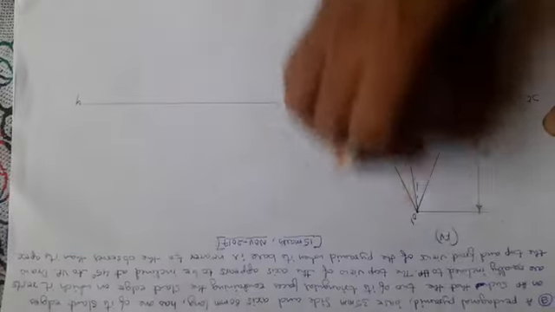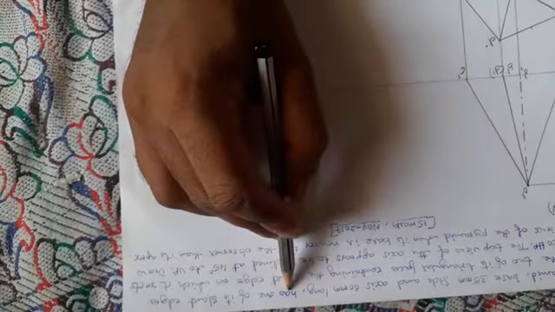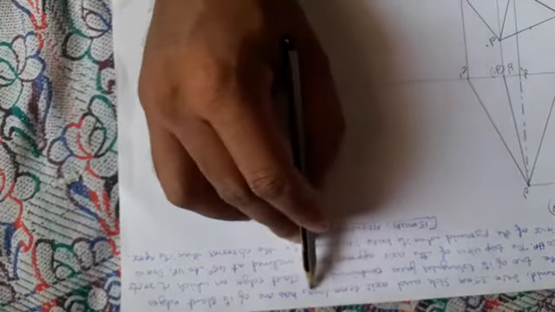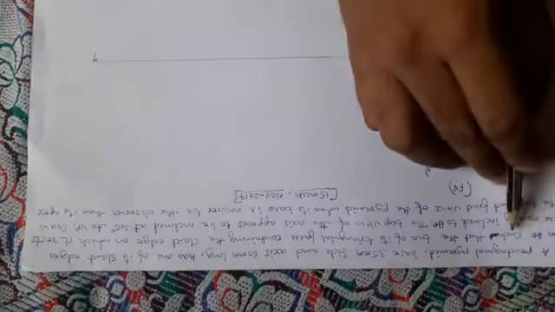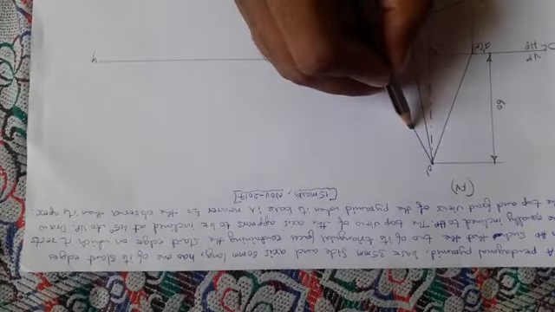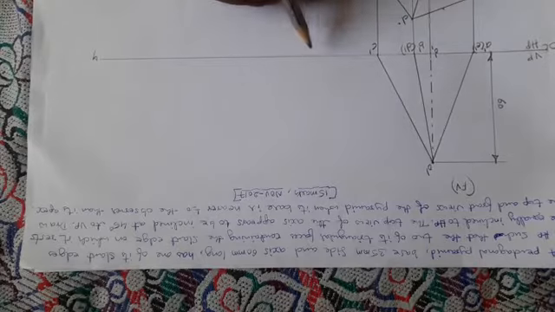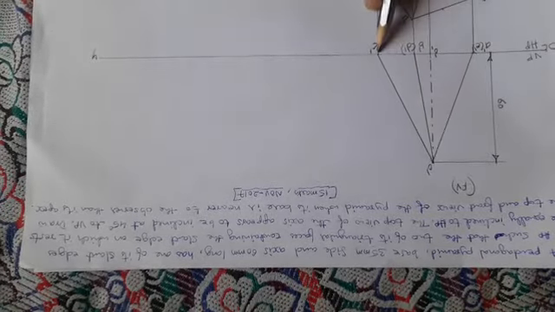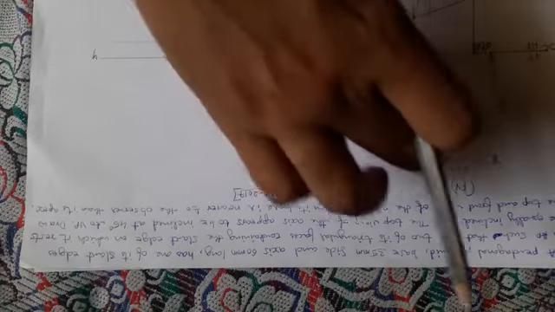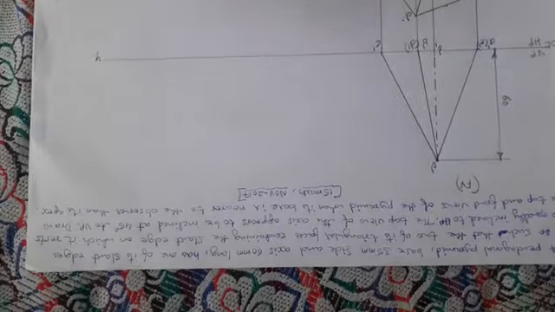The first stage is completed, and what is the next stage? The pyramid, 60 mm long, has one of its slant edges on HP. So this is the slant edge, and this slant edge rests on the HP. That means the distance O1 to C1 is to rest on the HP.